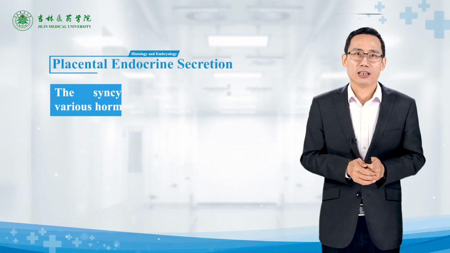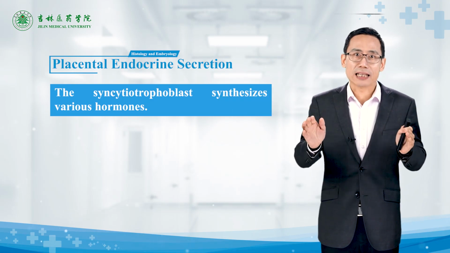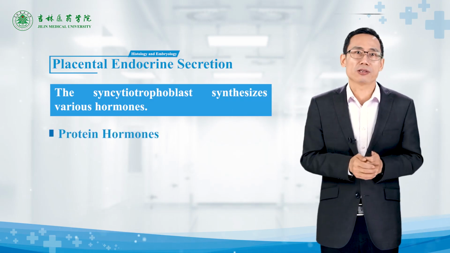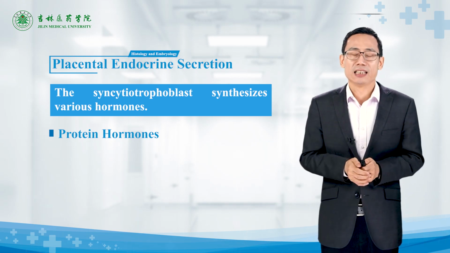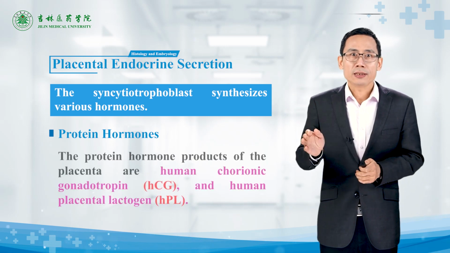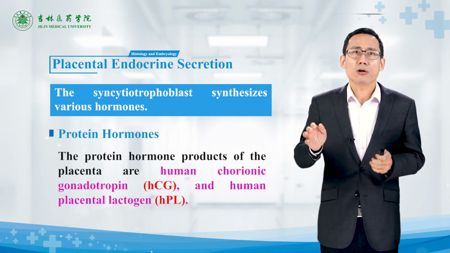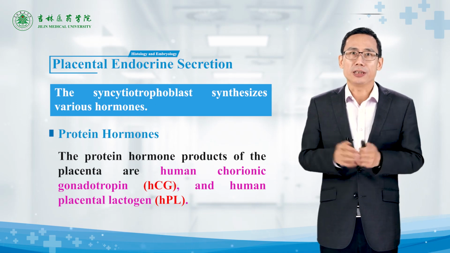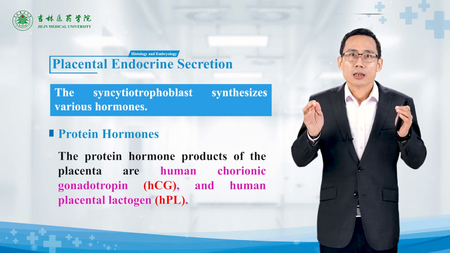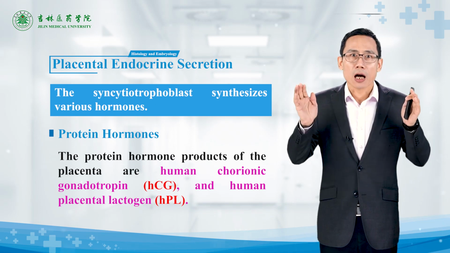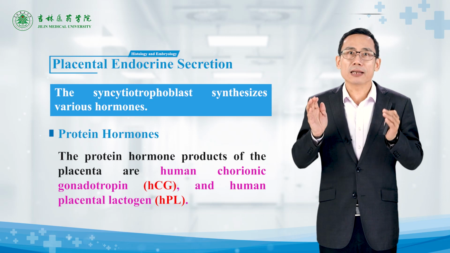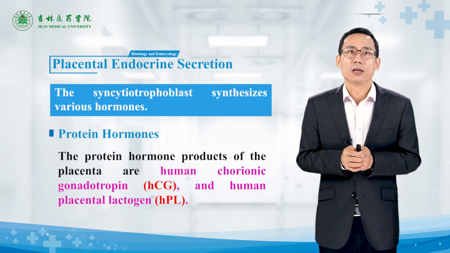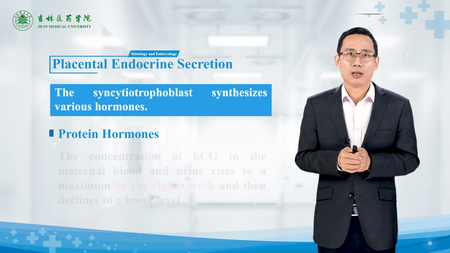Endocrine function. The syncytiotrophoblast of the placenta can secrete several hormones, which play an important role in maintaining pregnancy. The hormones are as follows: human chorionic gonadotropin, HCG, which is similar to luteinizing hormone, can promote the growth and development of the maternal corpus luteum to maintain pregnancy.